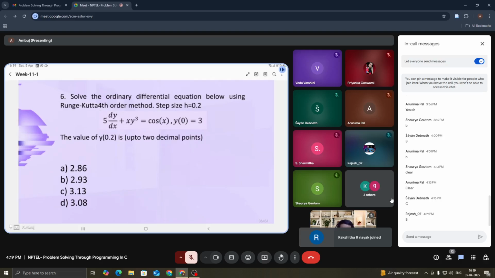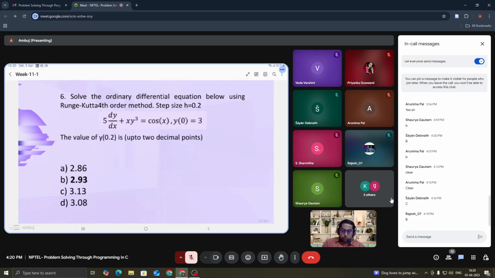C and then B also. Okay, good. Any more opinions? Anybody? Rest, I will tell you what is correct. It's indeed B. It's not C.